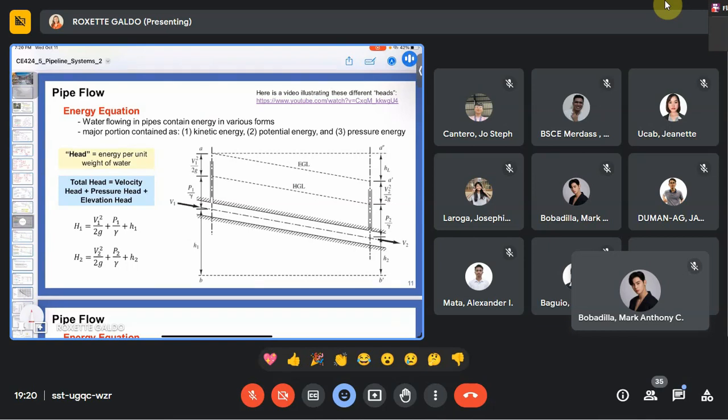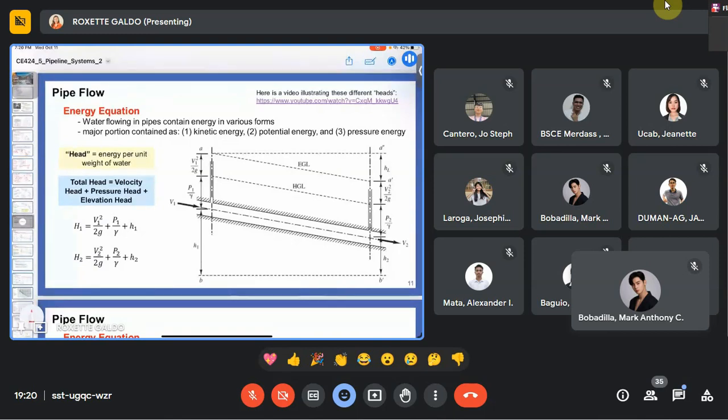This is very familiar to you. Water flowing in pipes contains energy in various forms. It can be kinetic energy, potential energy, and or pressure energy. So we have total head here. Head means the energy per unit weight of water.